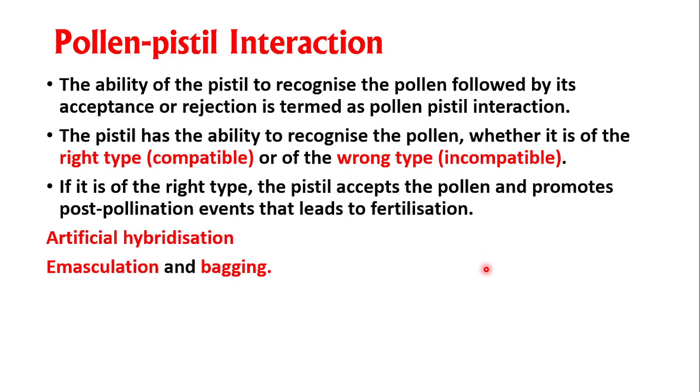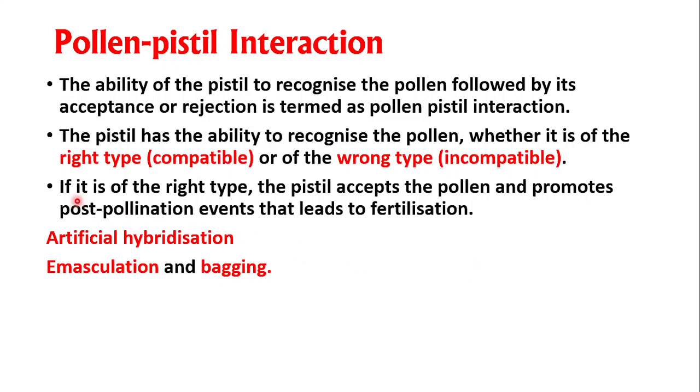If it is compatible, then it will accept. If it is not compatible, then the pollen grain will be rejected by the stigmatic surface. Only if it is compatible will it be accepted. That particular process is termed as pollen pistil interaction.